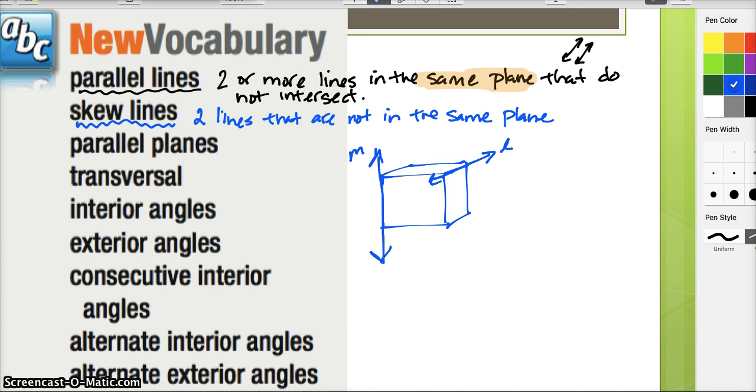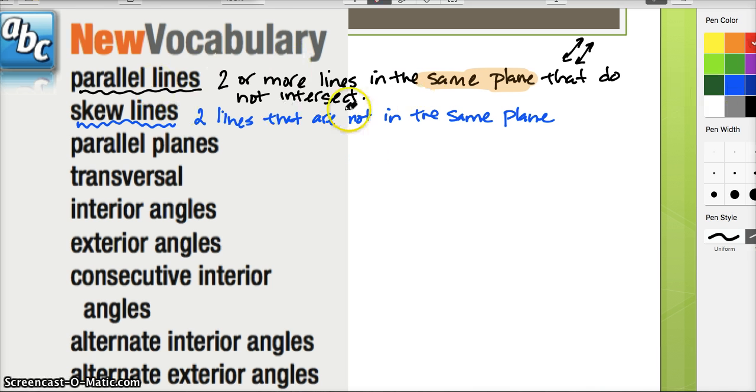Let's check out this next vocabulary word, transversal. Well, before we check out transversal, what we probably should do is check out parallel planes. And the idea of parallel planes really goes back to this cube picture: two planes that will not intersect.